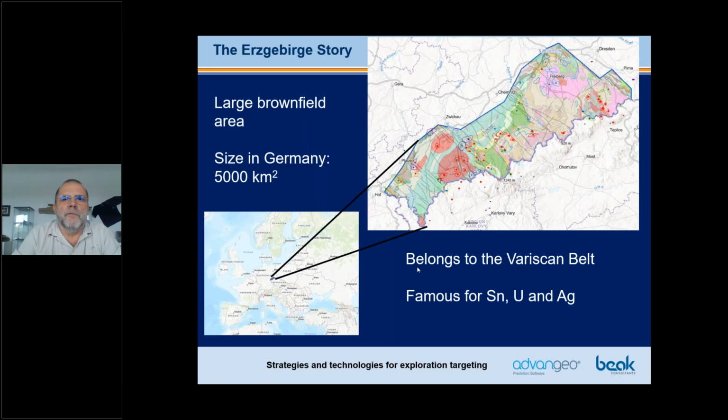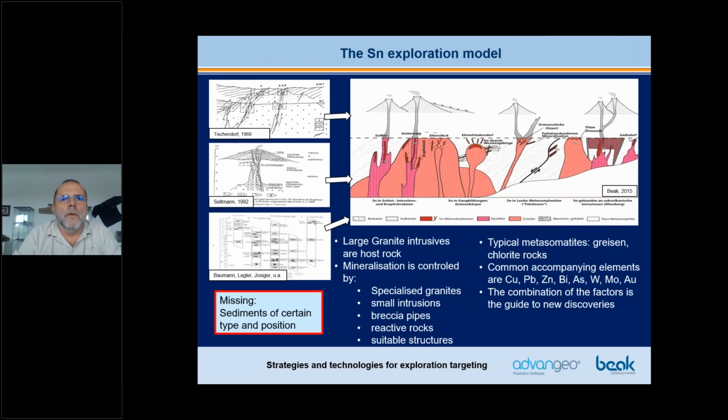The Erzgebirge of Germany, a very interesting brownfield area, mined for 800 years, having a size of around 5,000 square kilometers, and famous for tin, uranium, and silver, and many more metals mined over the time, like copper, iron, tungsten, etc. So this is an exploration model of tin in the Erzgebirge as a summary of many pre-existing exploration models created over the last decades by different researchers.